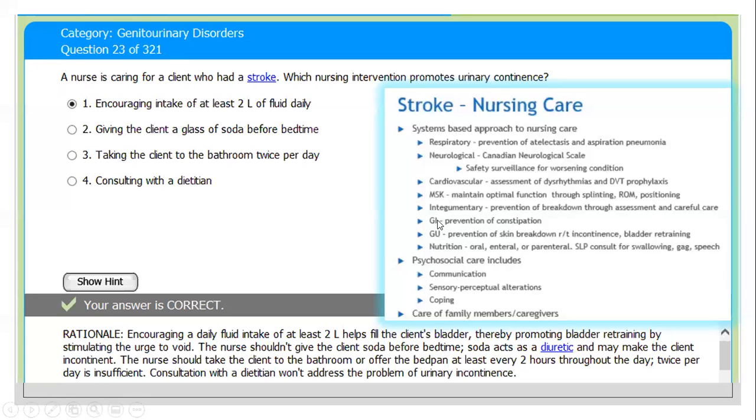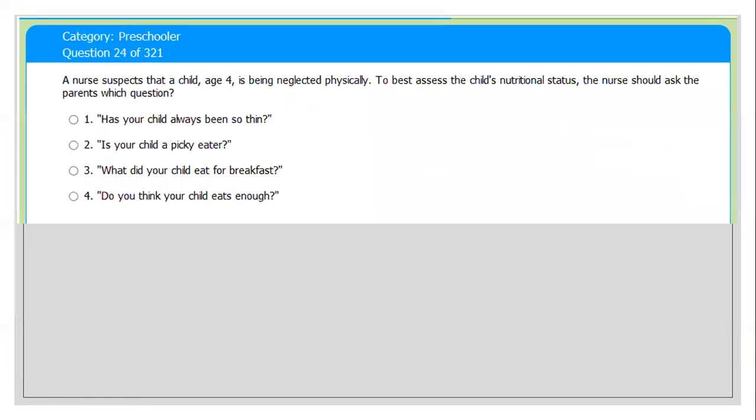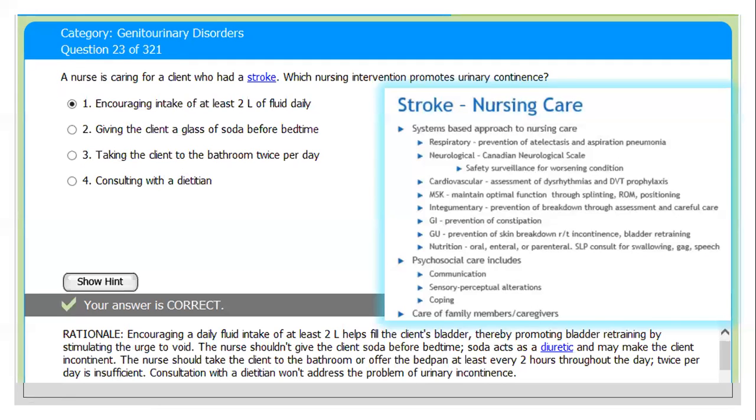GI, gastrointestinal: prevention of constipation. GU, genitourinary: we should prevent skin breakdown, right? Also, it is good to prevent incontinence. Bladder training is important.